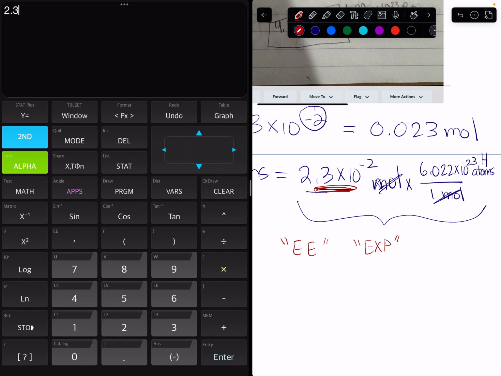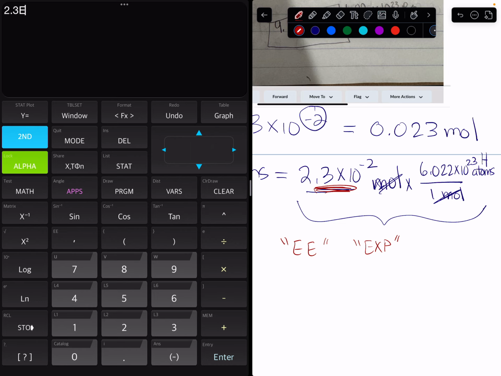And on mine, I see it here on this button that I've pressed down so you can see it highlighted. It's a comma, but in the upper left-hand corner is EE. So let me back up, undo, get rid of that comma. Since the upper left-hand corner is the second function, I'll hit second. Notice they're now in blue. I see that EE in blue, and I punch it.